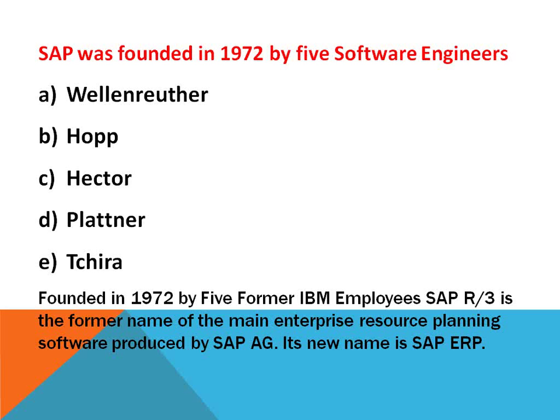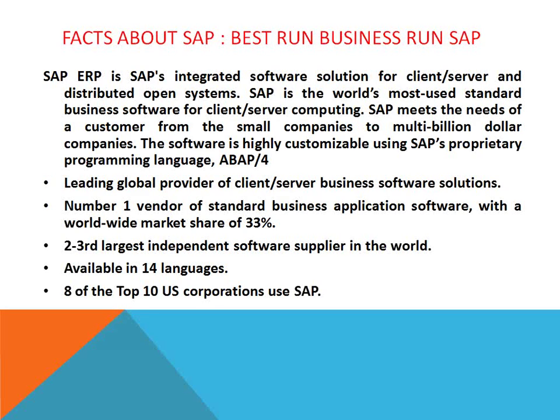From R2 they developed R3, the former name of the main enterprise resource planning software produced by SAP AG, and now SAP AG is called SAP SE. SAP is a German word, a European company. SE, now it's called SE.